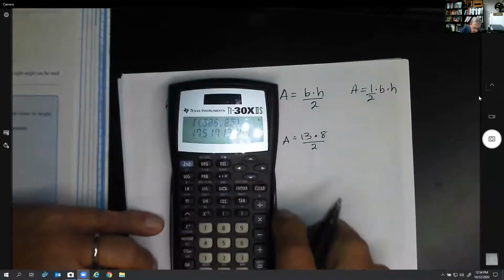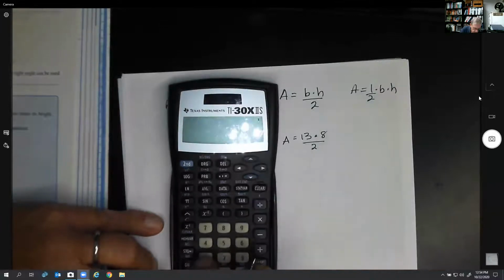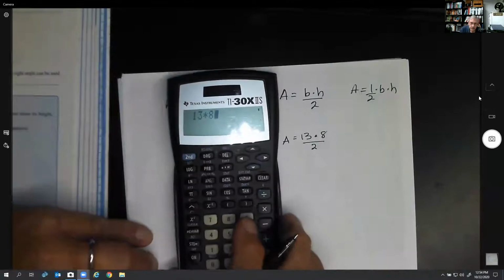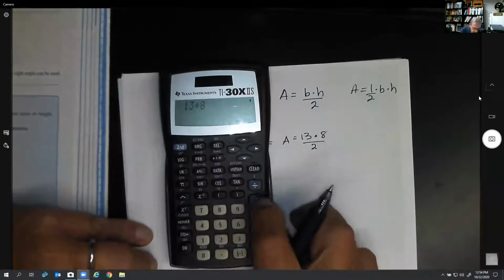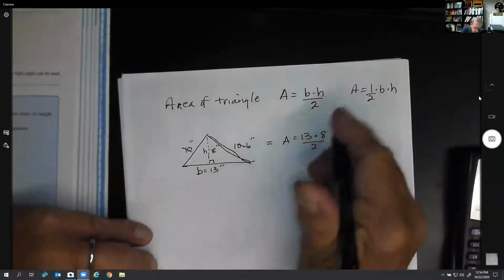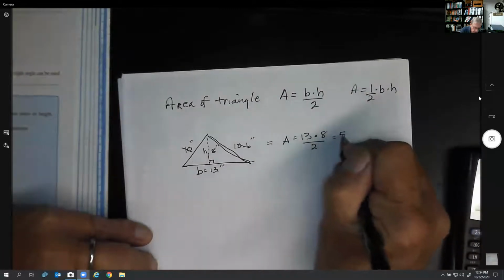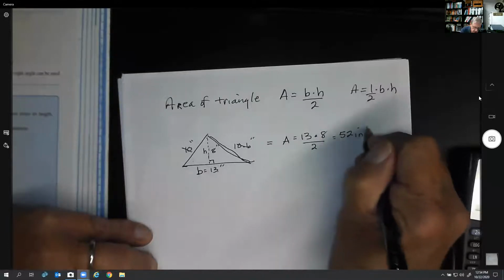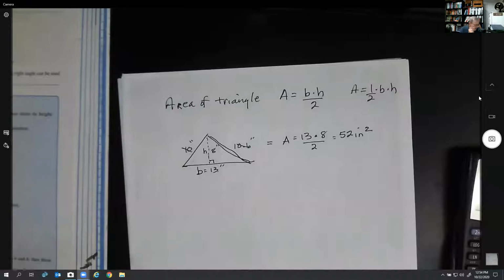I'm going to multiply and divide. 13 times 8 divided by 2. 52. And we're going to measure that in, even though this is a triangle, square inches. See, just that easy.